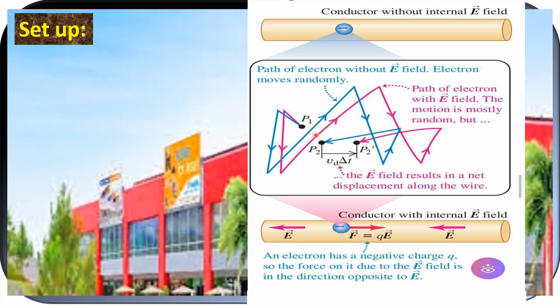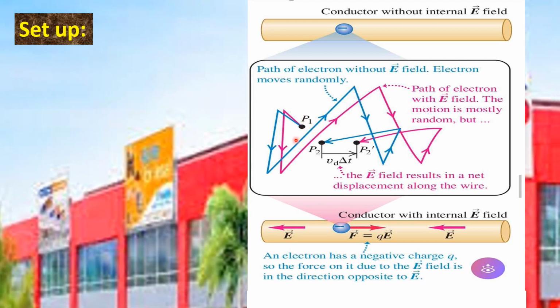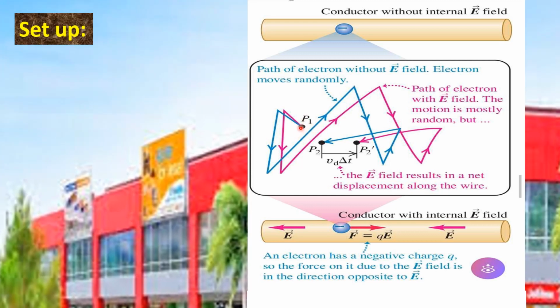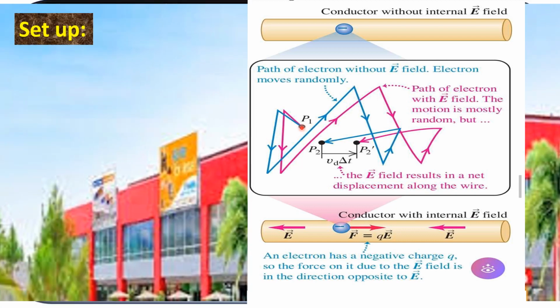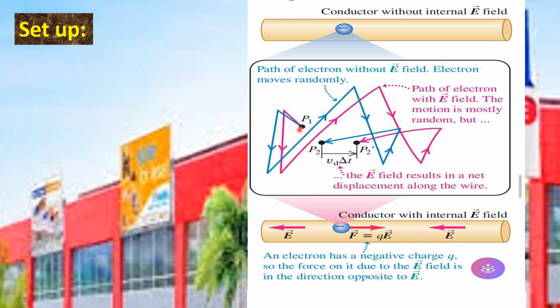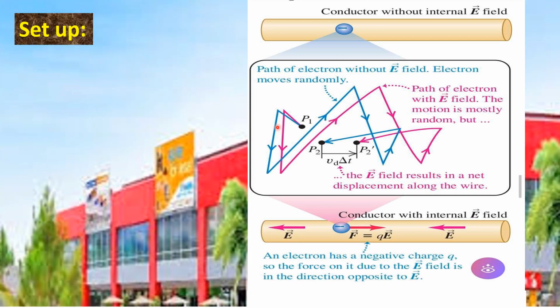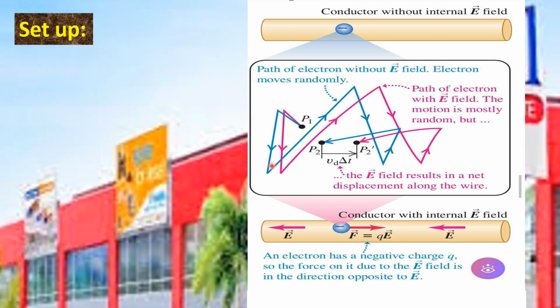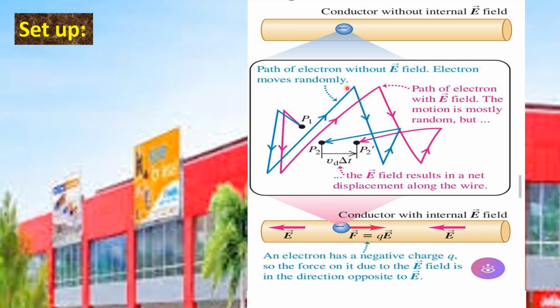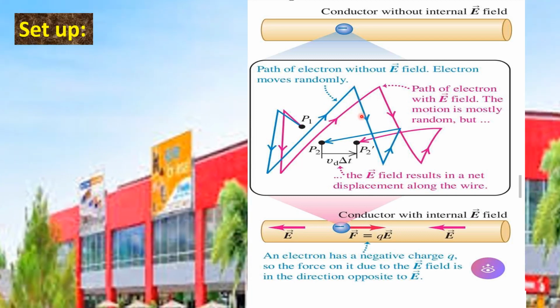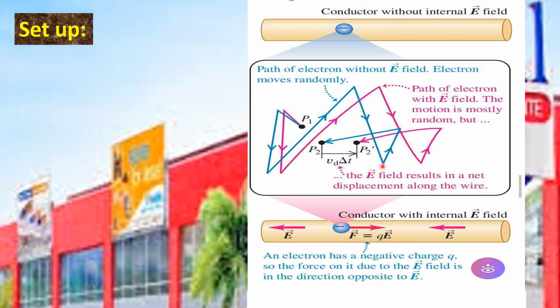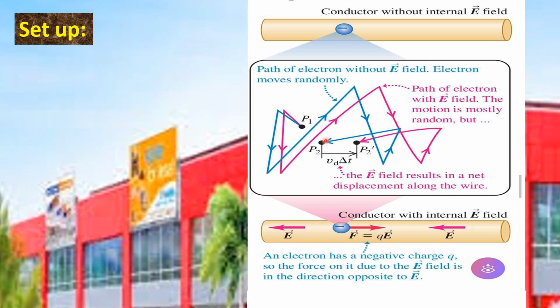For example, when the electron starts at point P1, it moves in that direction, then it goes this way and proceeds that way, until it reaches point P2.